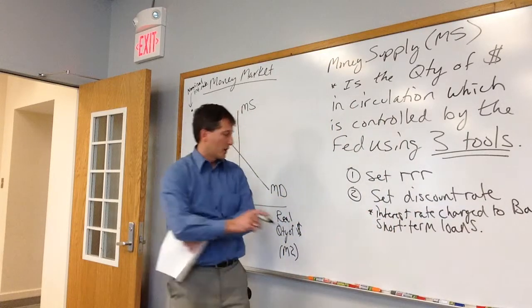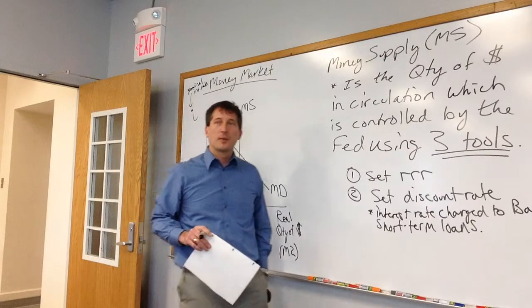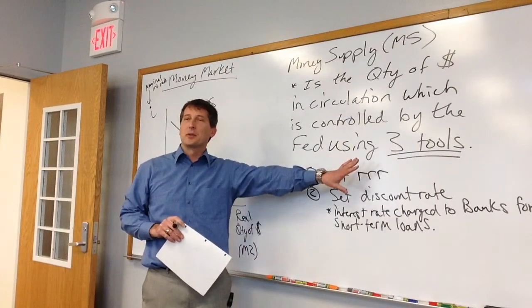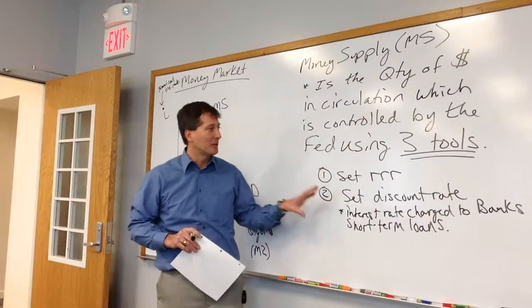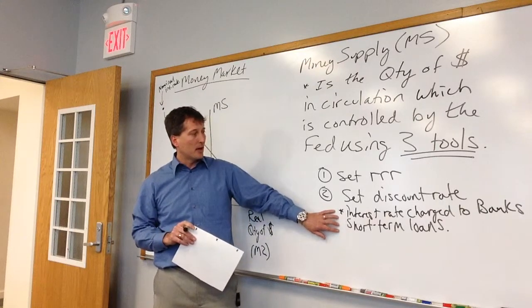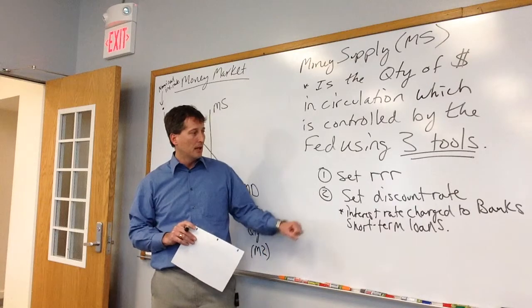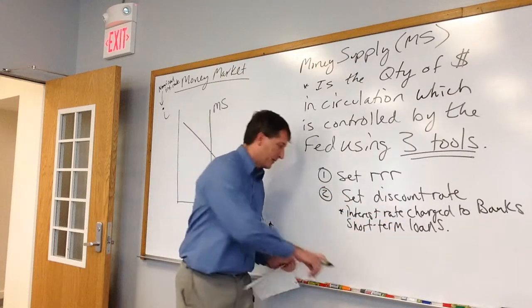The interest rate charged to banks for short-term loans. So the Federal Reserve does not loan money to regular people, typically, although the financial crisis took us in a kind of weird direction. They mostly are set up to loan to banks. And the interest rate that they charge them is the discount rate.